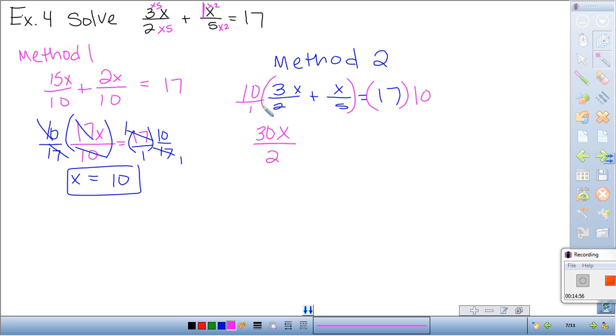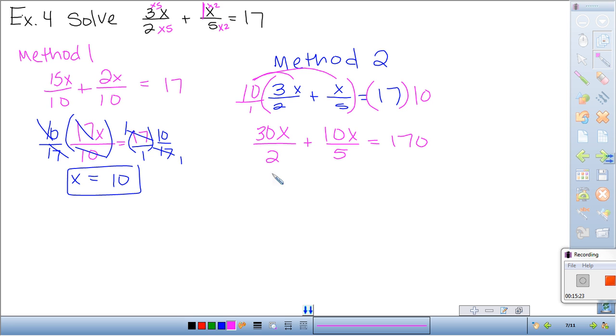So I put parentheses around this to say I'm going to multiply 10 times my first term and 10 times my second term. So I have 10 times x, which is 10x, divided by 1 times 5, 5, equals 17 times 10, 170. So again, let me point out that everything was multiplied by the least common denominator.